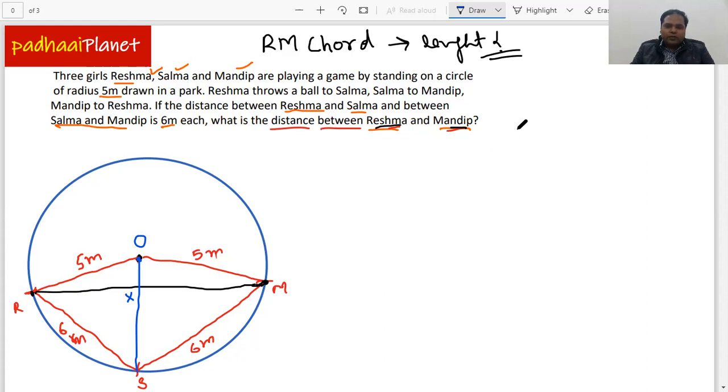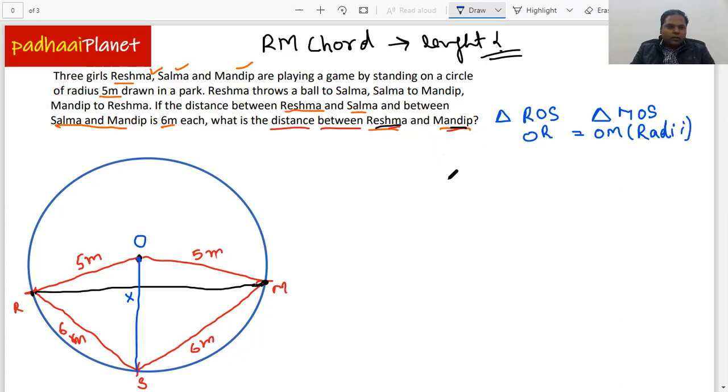Now, this question is going to be solved in three different stages. In the first stage, we will take two triangles: the first one is triangle ROS, and we will also take triangle MOS. If we look at these two triangles, then OR is equal to OM, because they are the radii of the same circle.